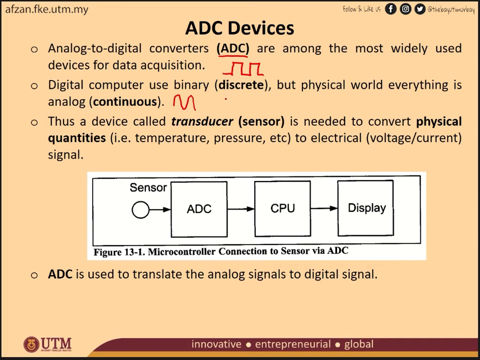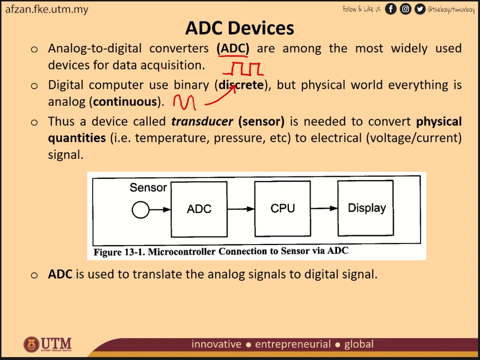So in order to process this data from the physical signal to a computer signal or binary signal, we need to use this ADC device, in which you convert from the continuous signal to the discrete signal.